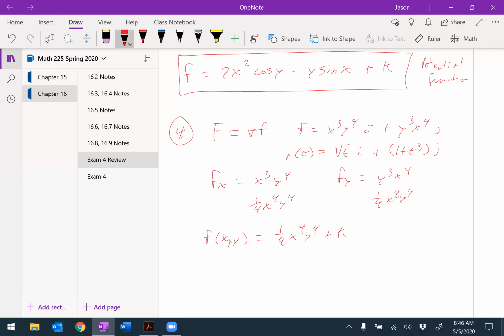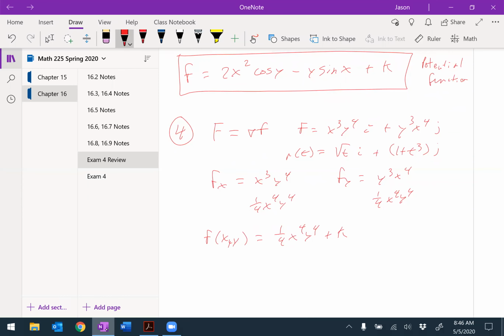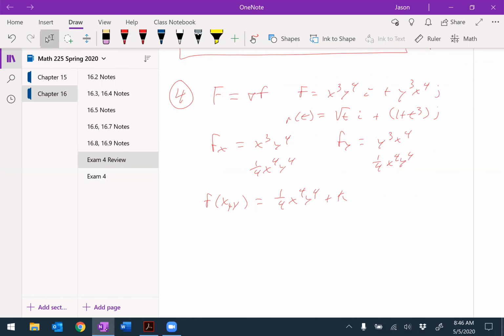Okay. So now how are we going to evaluate the integral? Well, let's see what the problem's asking us again. We want to eventually evaluate this line integral.